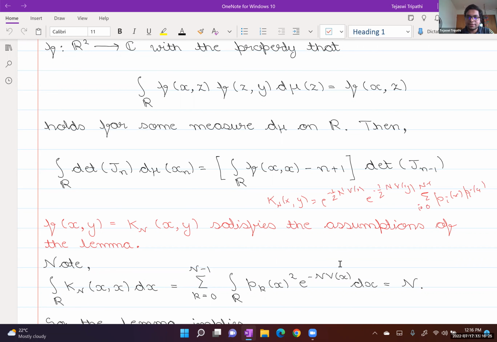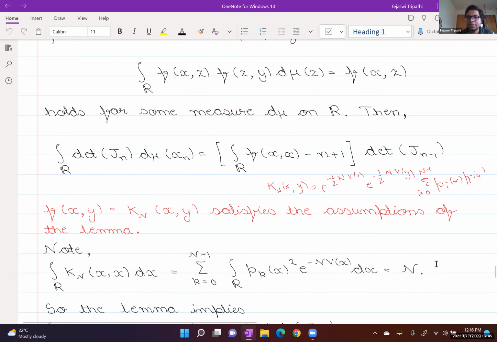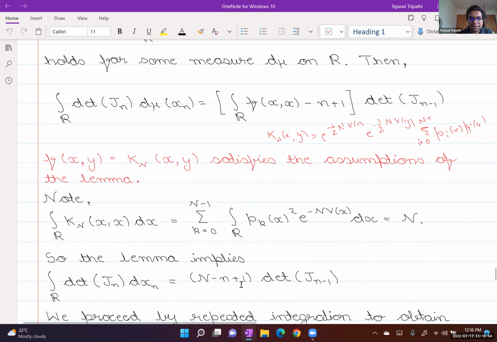So when I take x equals y, we get e to the power minus n V(x), summation come outside. Since x equals y, this becomes p_k(x) squared. What is this integral? Since p_k(x) are orthonormal polynomials, this is 1, and we are taking a sum, so this is nothing but n. So the lemma above implies that this constant is n minus k plus 1.